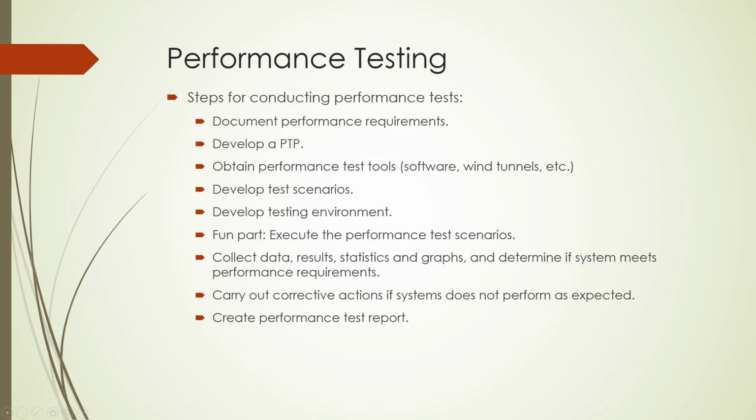So, the steps to perform a performance test. First is to document the performance requirements that are coming in from the system specification. Then develop a performance test procedure, which can include elements like parameters to be tested, test resources, engineers, facilities, environments, configurations, etc. Next step is to obtain the tools that we're going to use to test.